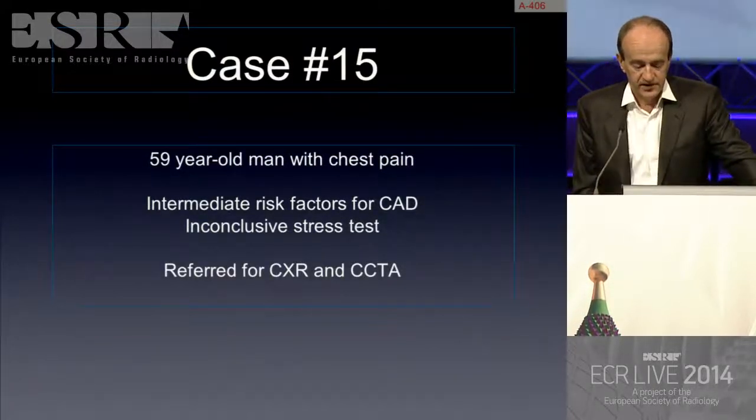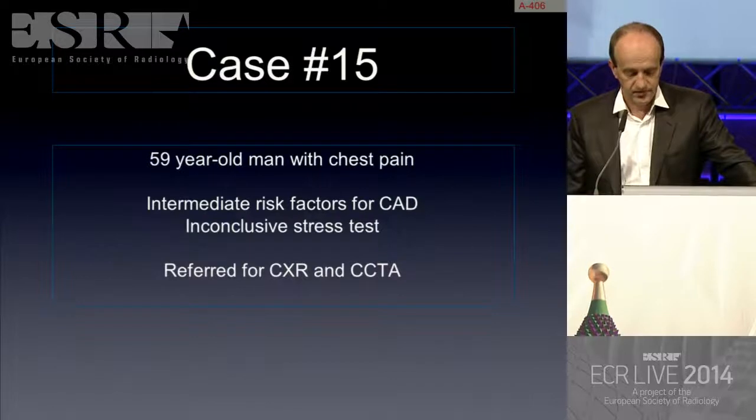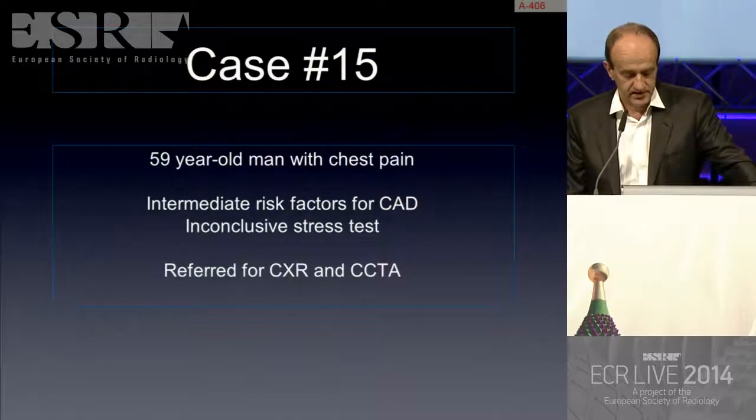Case number 15. It's a 59-year-old man with chest pain. He has intermediate risk factors for coronary artery disease, inconclusive stress tests, and he is referred for a chest radiograph and a coronary CTA.